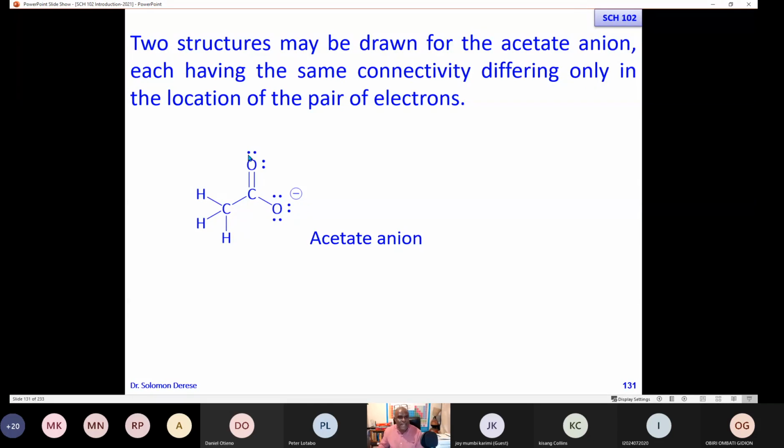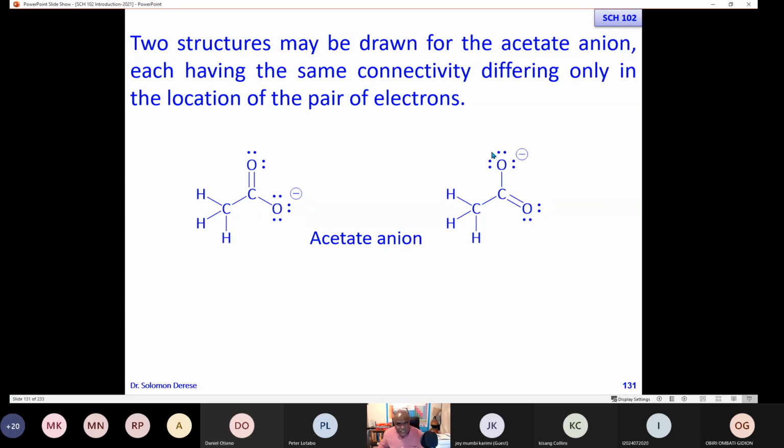In the case of this form, this oxygen has 2 lone pairs of electrons. The lower oxygen has 3 lone pairs of electrons. In the other resonant form, the lower oxygen has only 2 lone pairs of electrons, but it is the upper oxygen that has 3 lone pairs of electrons.